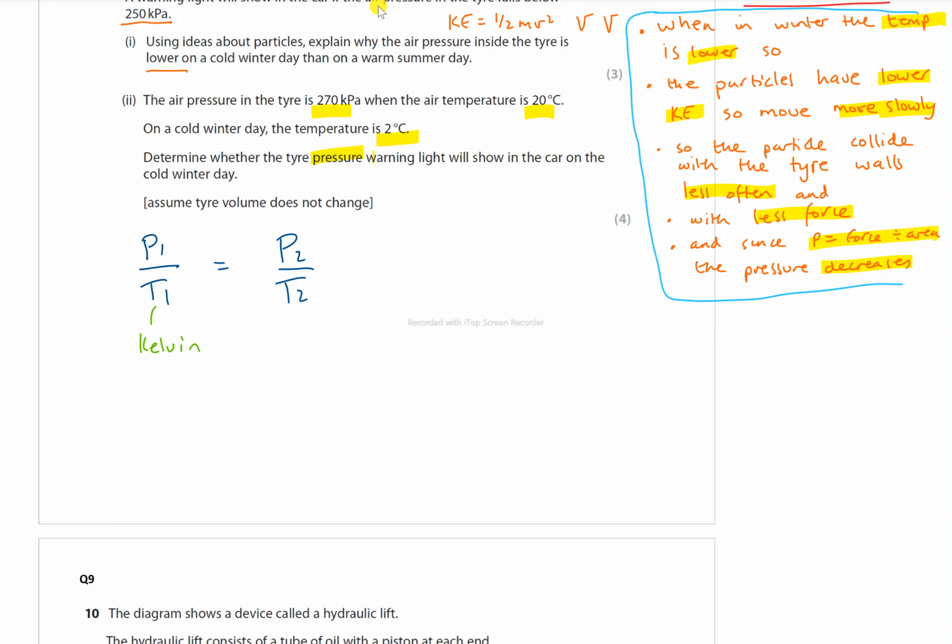So pressure 1 was 270 divided by 20, but we need to add 273, equals pressure 2 over 2 degrees plus 273.